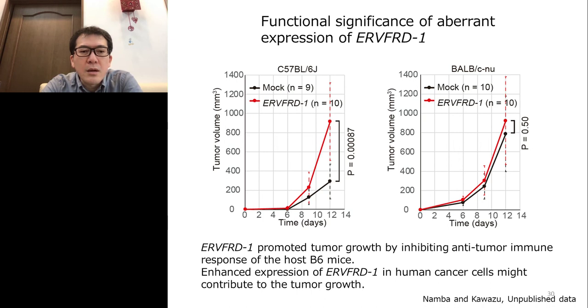Because it was reported that ERVFD1 suppressed the anti-tumor immune response in an allogeneic mouse tumor model, we measured the growth of tumors expressing ERVFD1 in a syngeneic mouse model in which MC38 colon murine tumor cells derived from B6 mice were used.